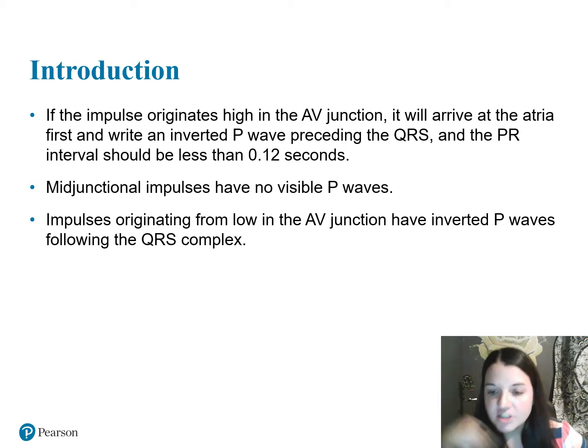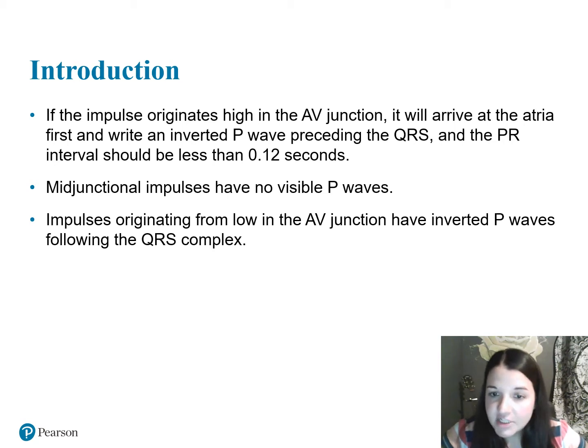And we know that your AV is going to have 3 regions: high, mid, and low. And how do we tell if it's a high region that the impulse is coming from? P waves will be negative before the QRS. My PR interval will be less than 0.12 seconds. What about mid-junctional impulses? We're not going to be able to see these P waves.